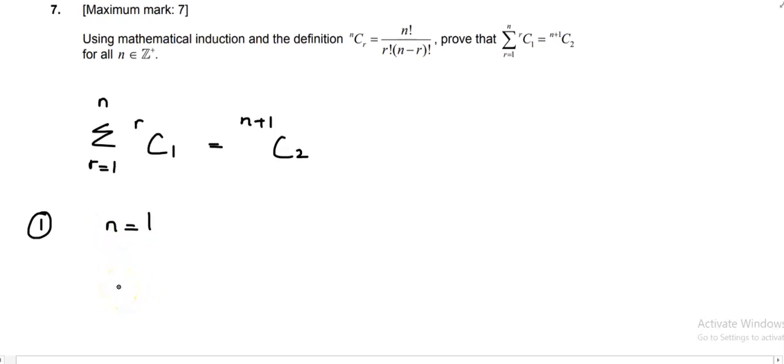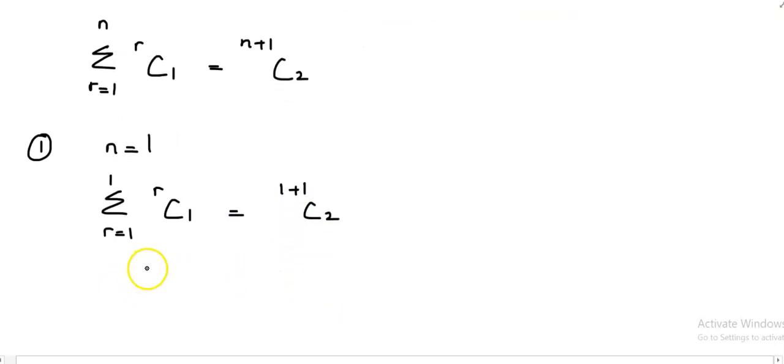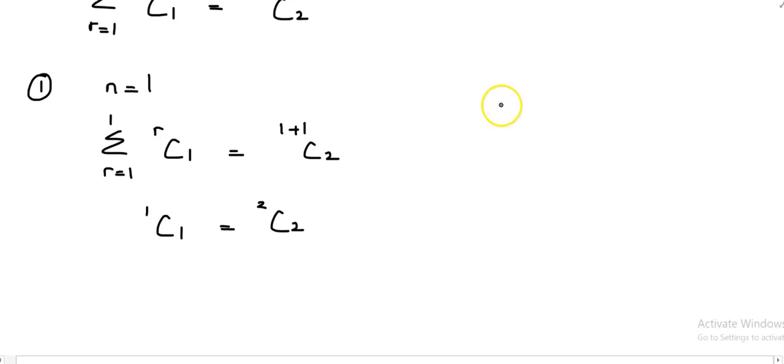So the first step is we'll try it for n equal to 1. When we substitute n equal to 1 into the equation, on the left hand side we get the sum from r equal to 1 to 1 of r combination 1, and on the right hand side I get 1 plus 1 combination 2. So I can write that as 1 combination 1 equals 2 combination 2. Now we know the formula of nCr, or n combination r.